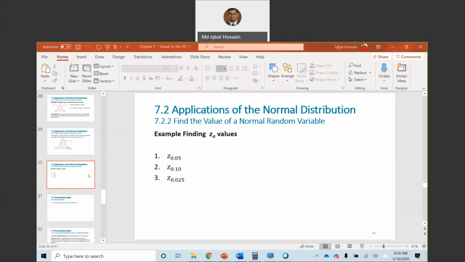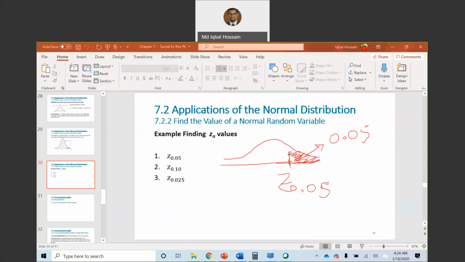Okay, so how are we going to do that? For z 0.05, it indicates that the area on that side will be 0.05.